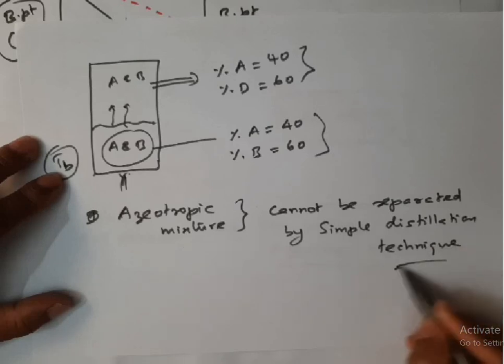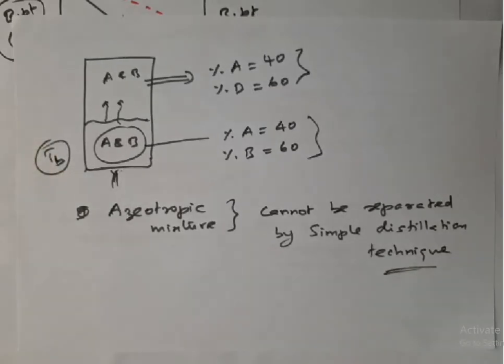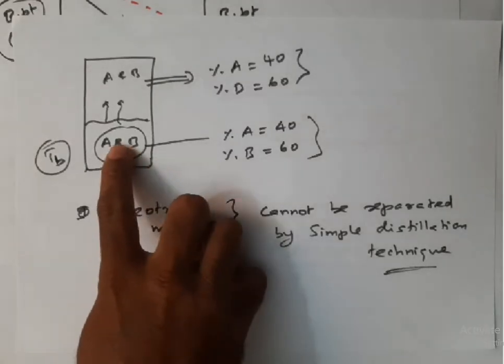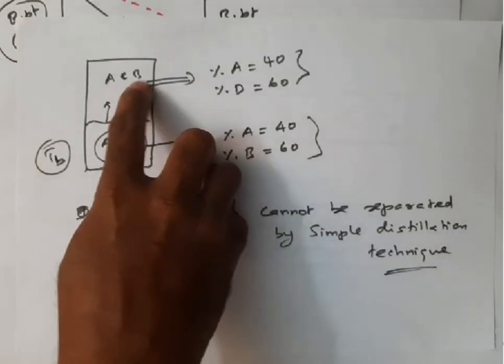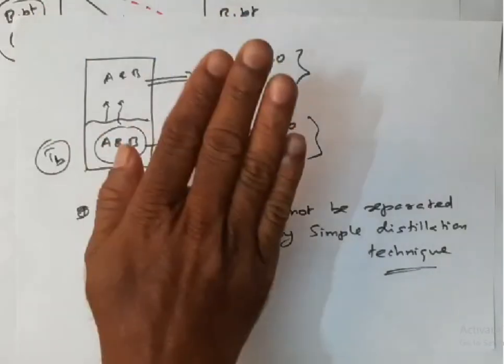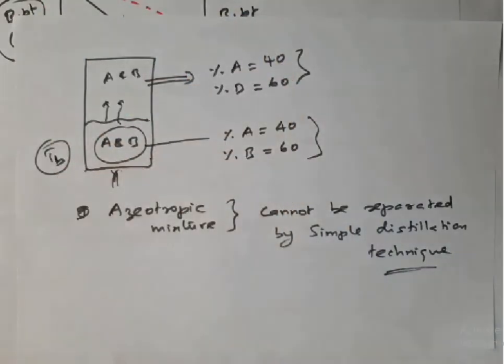Because if you do simple distillation, the composition in the liquid phase and the composition in the vapor phase remain the same at the boiling point. If the composition in the vapor phase and liquid phase remains the same, then you cannot separate A and B. That's the point. So an azeotropic mixture is a constant boiling mixture.